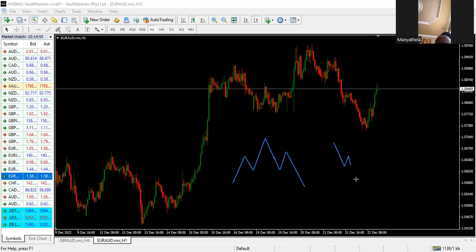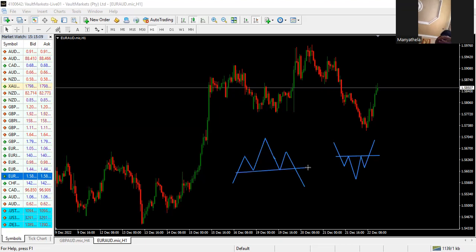This is a buy head and shoulder. In this situation, this is where you buy. This is where you sell. You sell on the neckline. If you're going to sell here on the neckline, this is where you're going to place your stop loss.